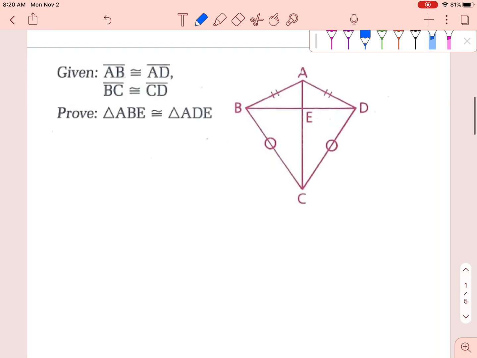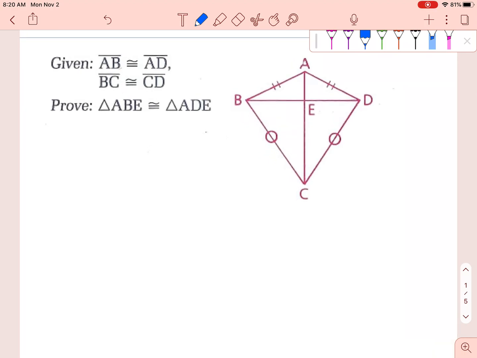I put an example here for you guys. In the example, we made it very obvious. We're trying to prove that ABE is congruent to ADE. If you take a look at this, I see my given information here. We have AB congruent to AD, so that's a side, which is awesome.